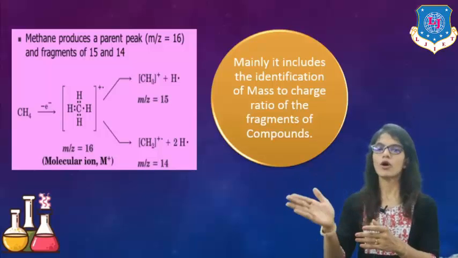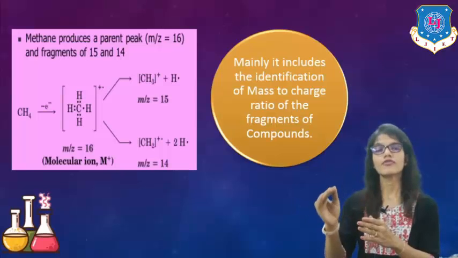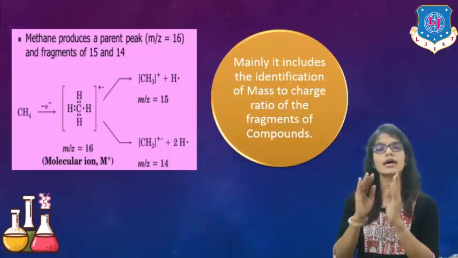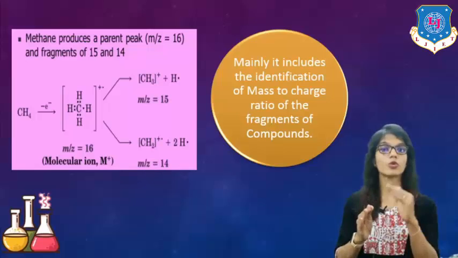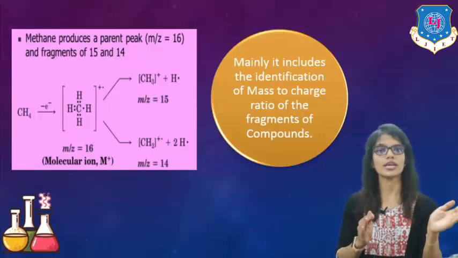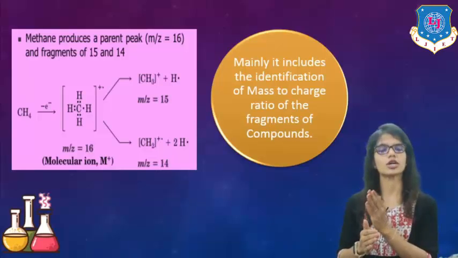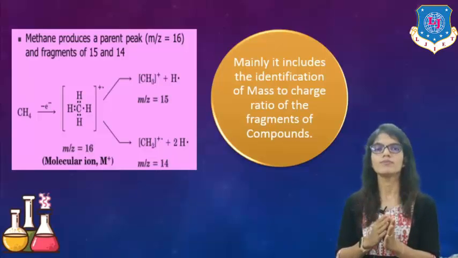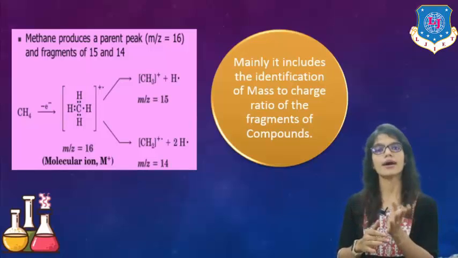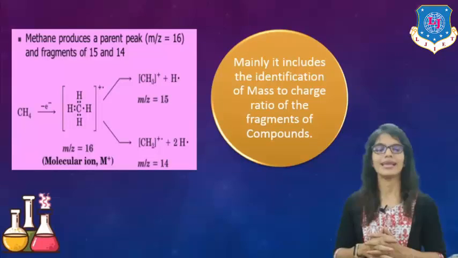So as the compound is different, the fragment is also different, or one fragment can be possible for one particular compound only. And this is the base of the identification of the compound by mass spectrometry. Let's understand it with the help of an example here.